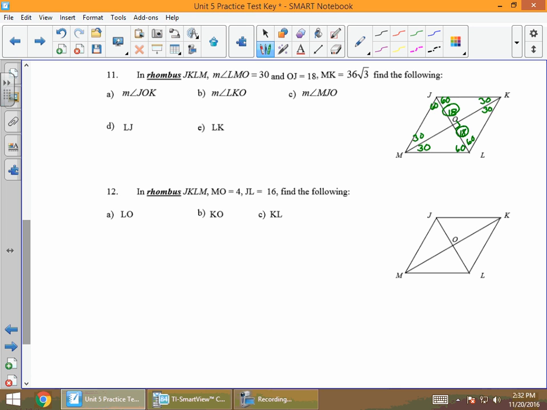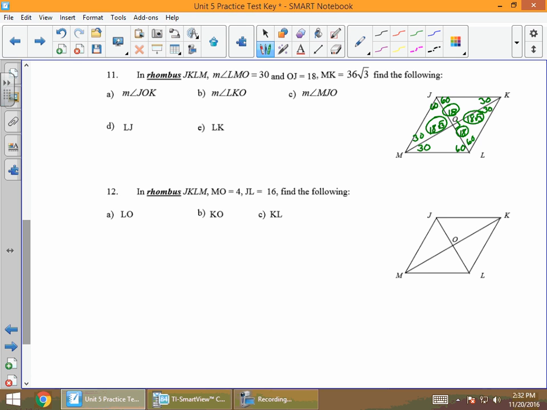We're told that MK, the whole diagonal, is 36 radical 3. So that means each half would be half of 36 radical 3. Half of 36 radical 3 is 18 radical 3.